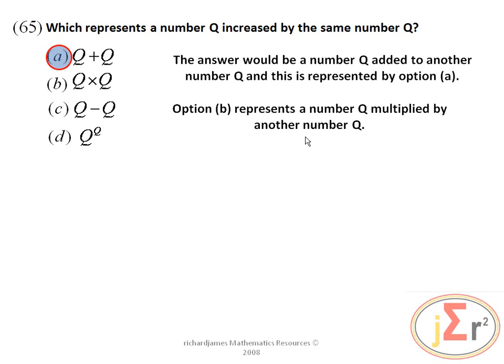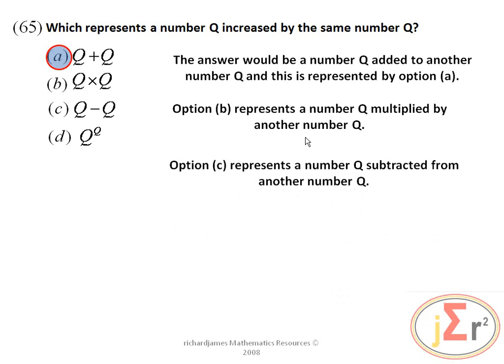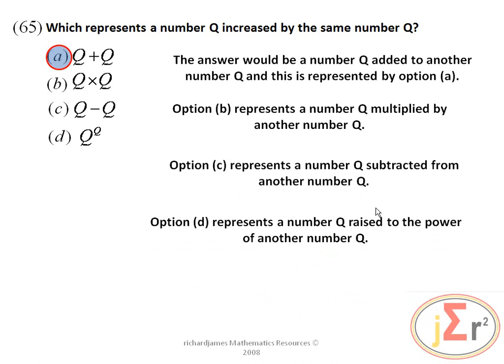That's not right. Option C represents a number q subtracted from another number q. That also is incorrect. And the one that is some great distance away is option D, which says a number q raised to the power of another number q.